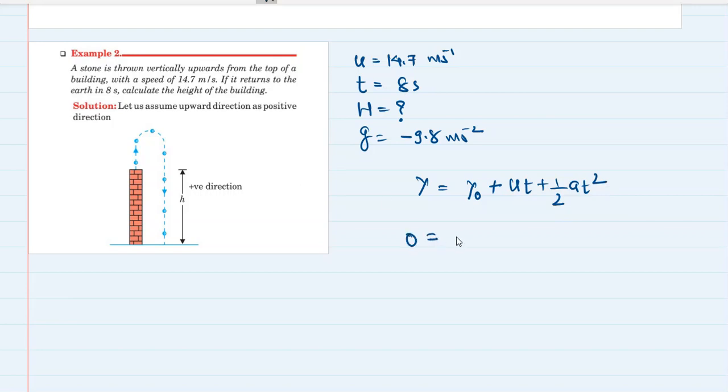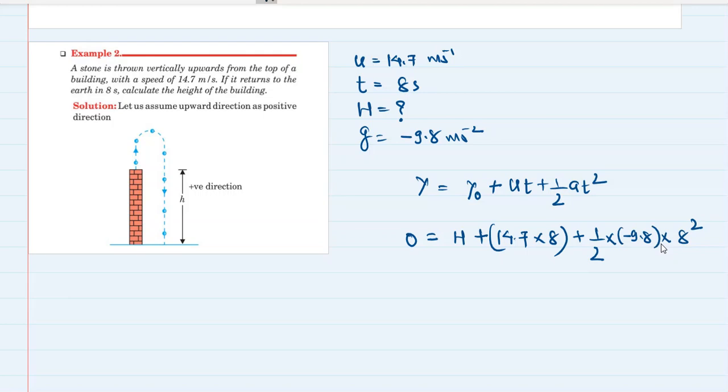In the place of y naught, I'm going to write h. In the place of ut, I'm going to write 14.7 multiplied by 8. In the place of half at square, I'm going to write half multiplied by, in the place of a, minus 9.8 multiplied by t square, that is 8 square.